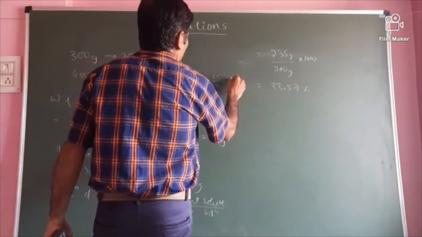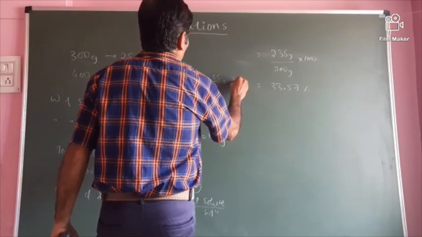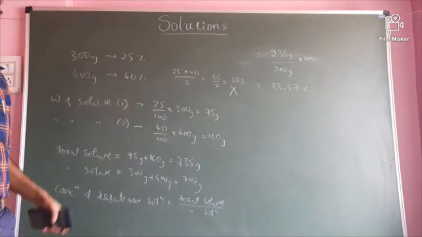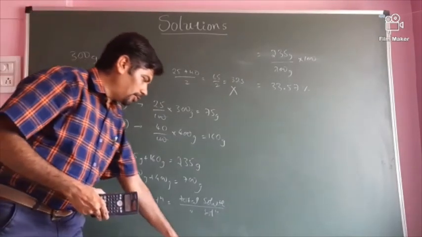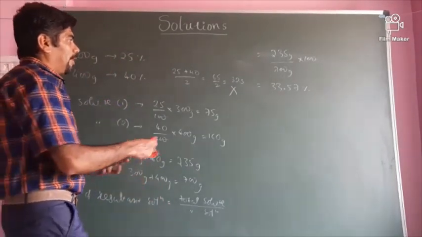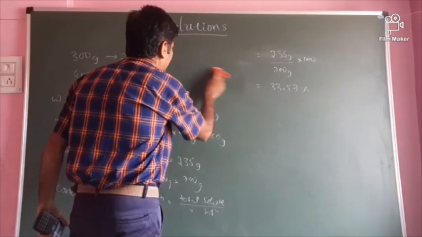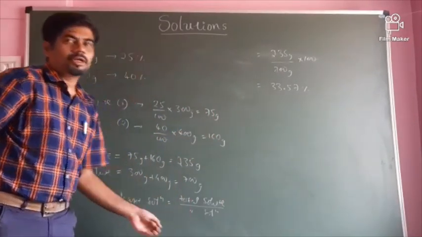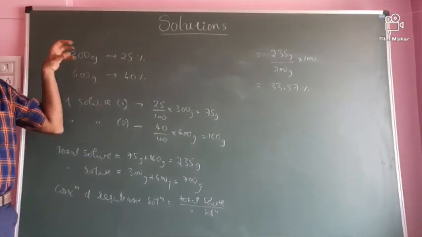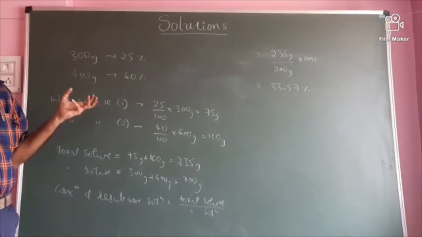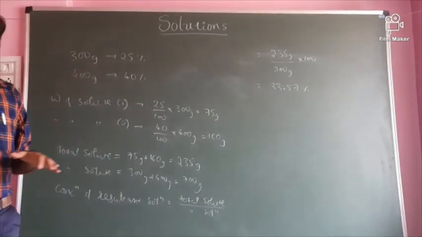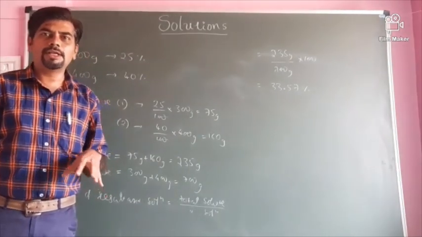If you simply add 25 plus 40 divided by 2, that will make it 65 by 2, and the answer would be 32.5, whereas this is completely a wrong answer. So whenever you are facing such questions where different concentrations are given, don't directly jump to the conclusion by using the arithmetic mean formula and all. I don't say not to use any mathematical formula.